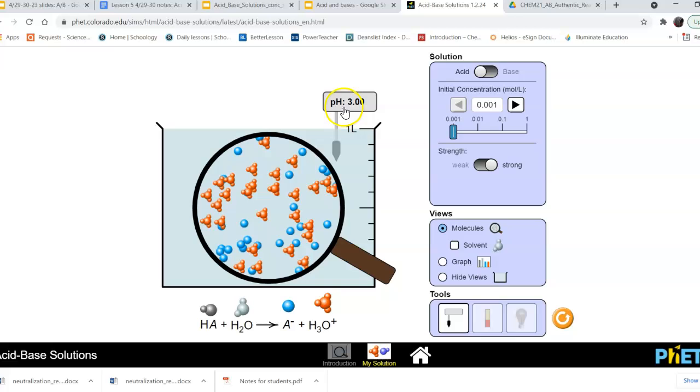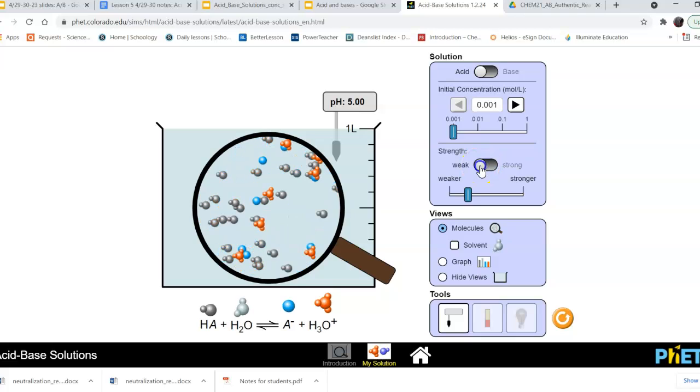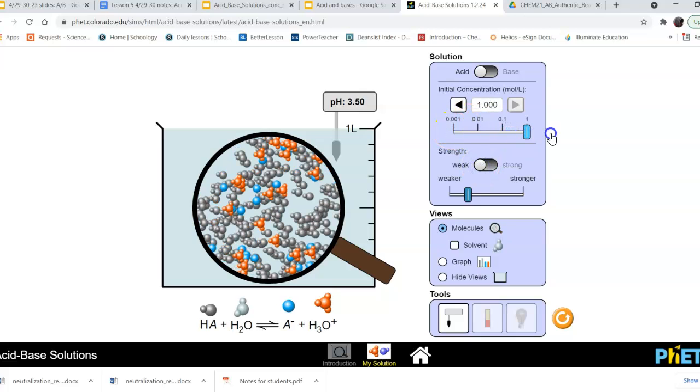If I have very little of the strong acid, in other words, a very, very small concentration, all the way over here, the pH is 3. If I switch this to a weak acid and I increase the concentration significantly, I get 3.5. So the pH is still higher, so it's still a weaker acid, but much less so, right? So the two things that are important are both concentration and strength.